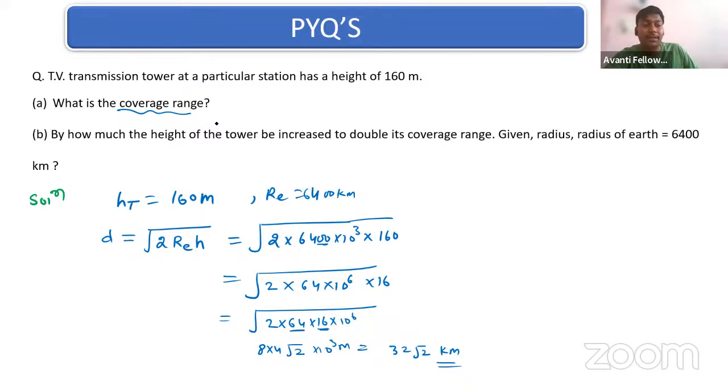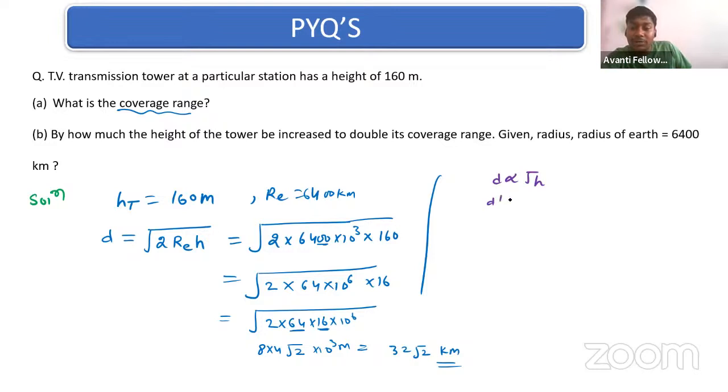Those who are late, you can see the replay of this class. Okay, so now in the second case, what is asked? How much should the height of the tower be increased to double its coverage? We already know the range is proportional to the square root of height.